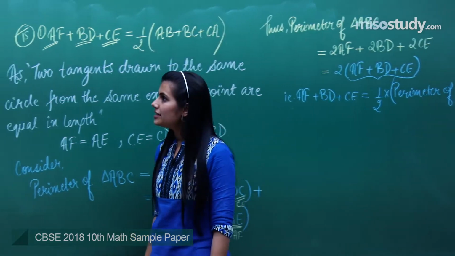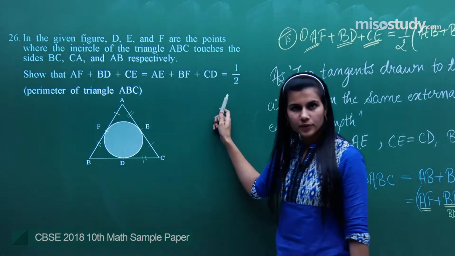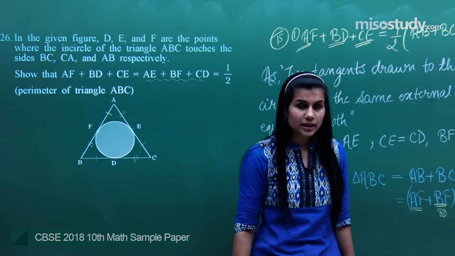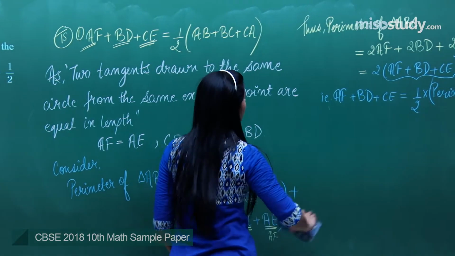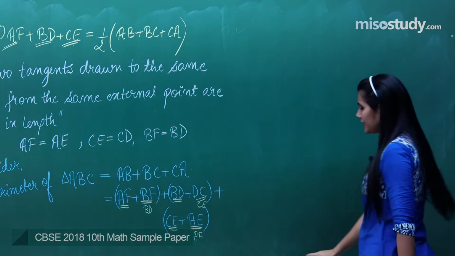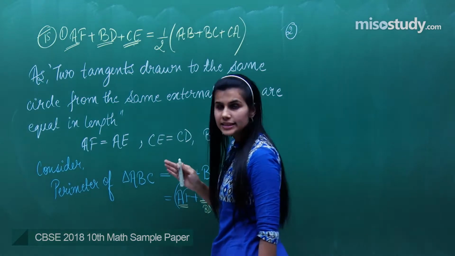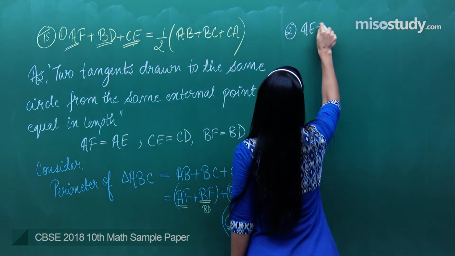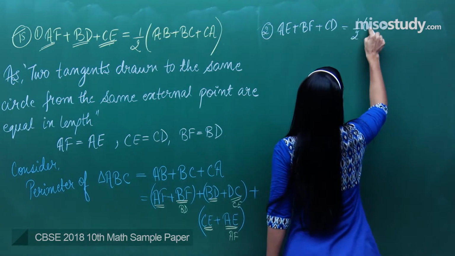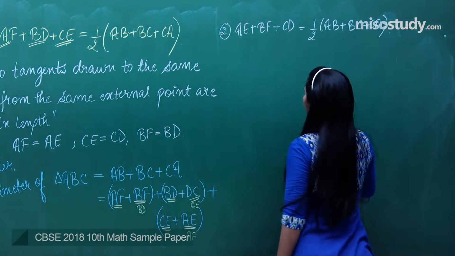Once we are done with this, there is another part to it. Not just AF plus BD plus CE is half of the perimeter, I also have to show AE plus BF plus CD is half of the perimeter of the triangle ABC.